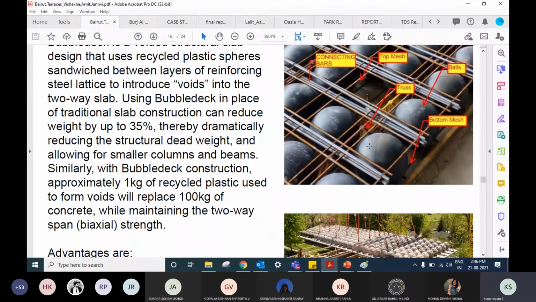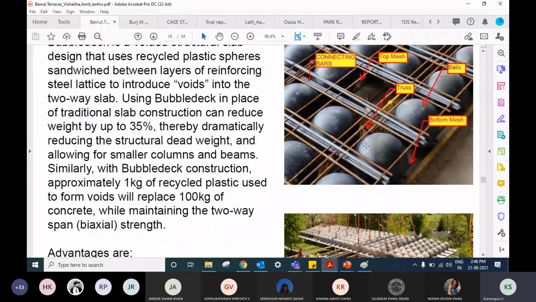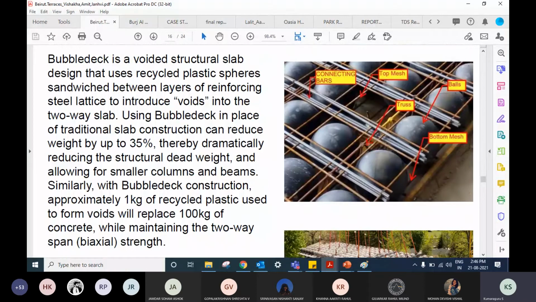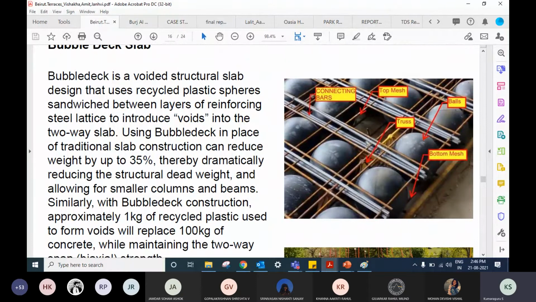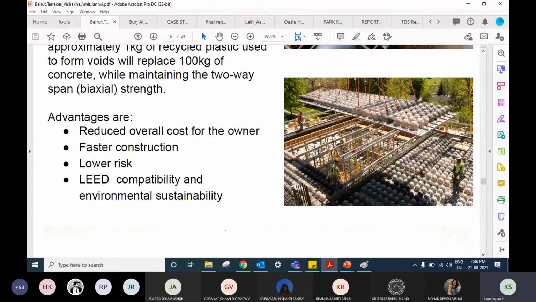Bubble deck slab. Okay. The team who created this presentation, please do answer for this. I just have a basic doubt. I think some other buildings also use the system, voided slab or bubble deck slab. Basically, it's a slab which they're not completely covering with only concrete.